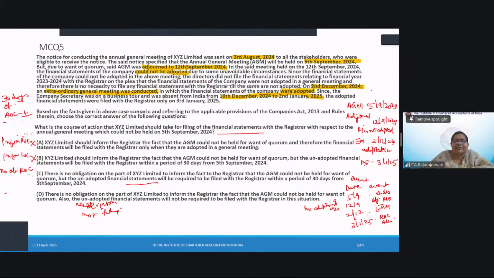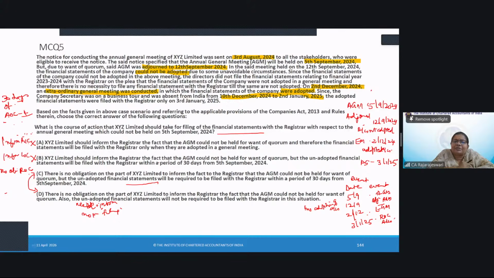Now the question arises about C and D. Here you have to select. C talks about giving the unadopted financial statement. It has been specified that accounts of the company should be filed with the registrar. That is the finalized accounts, right?